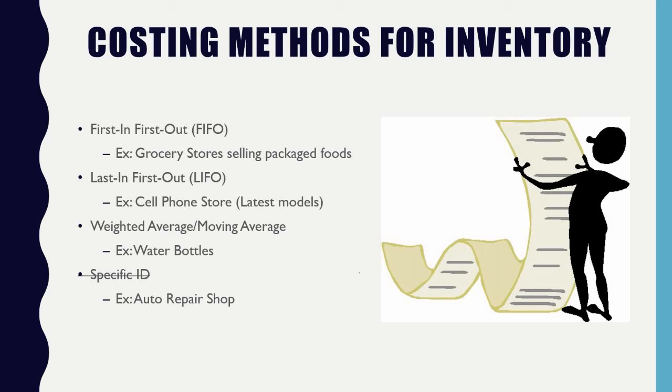Okay, so example, right? With specific ID, every piece of inventory that we purchase or we sell is going to be very specific. So again, when you go to an auto repair shop and you have, I don't know, the Honda Accord 2015, right?